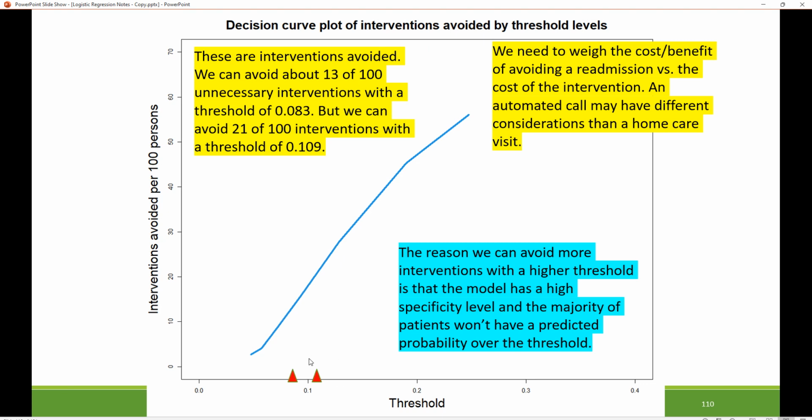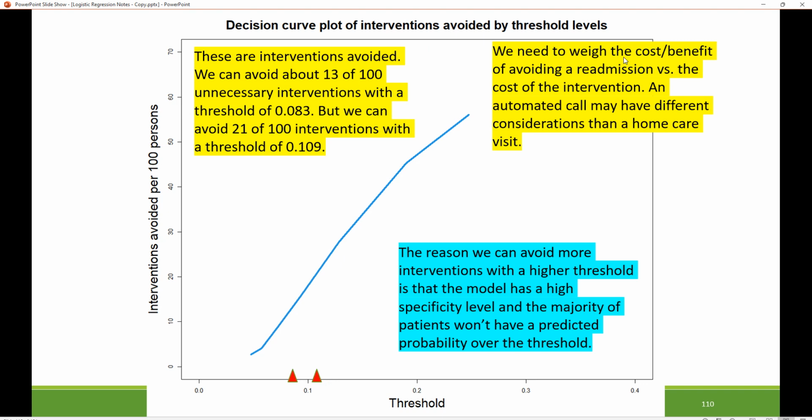Depending on if we're more focused on preventing 30-day readmissions, or more focused on not intervening when we don't have to, that would give us two different thresholds to consider. 0.083 gives us a greater chance of catching our readmissions, but it doesn't avoid as many unnecessary interventions as that cutoff of 0.109.